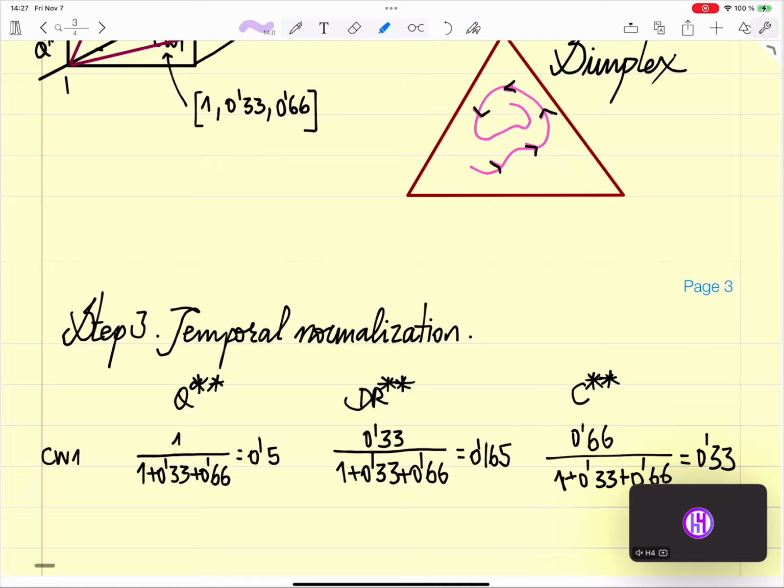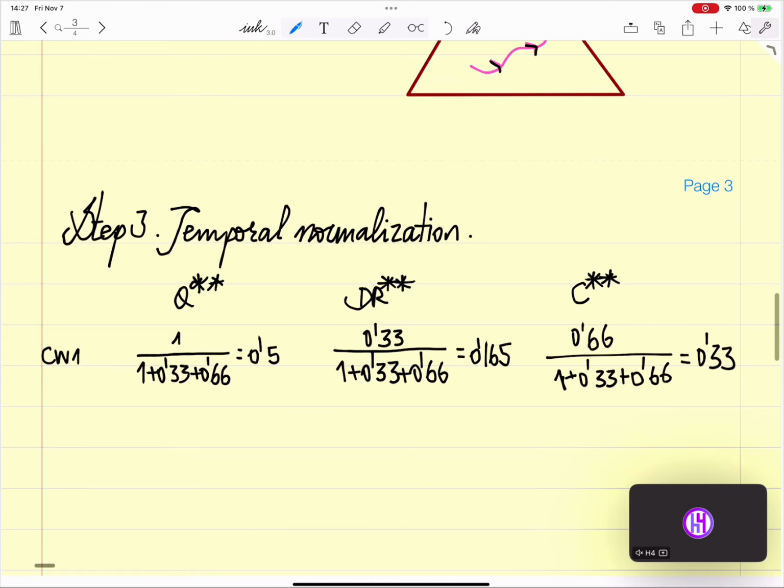So if we now add 0.5 plus 0.165 plus 0.33, apart from the rounding, it yields 1.